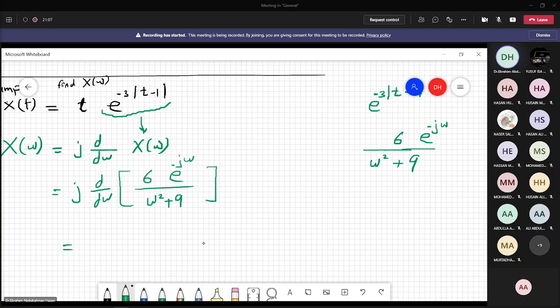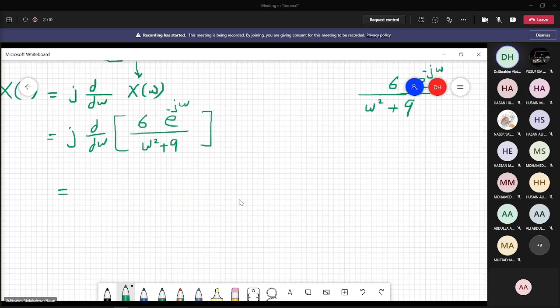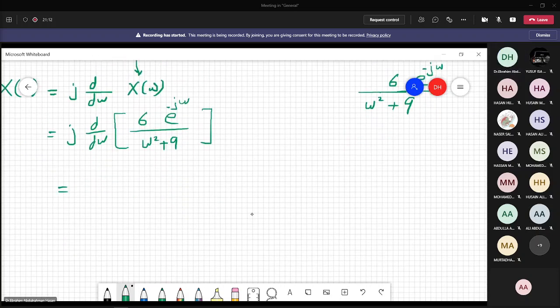But I just need to find the derivative of this one. So let me take 6 common. So here we have j, here 6.